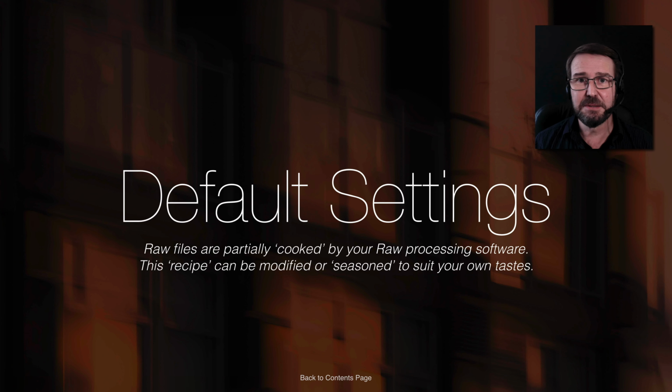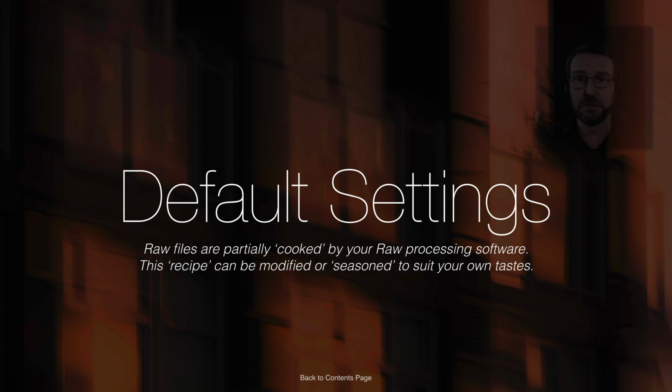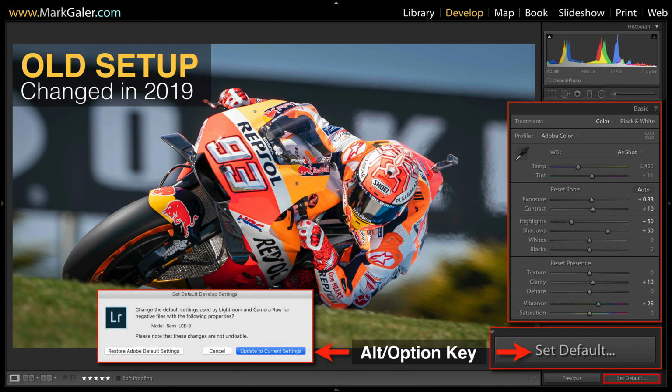So one of the things that has become slightly out of date in one of my ebooks is the Lightroom Classic section. There's a couple of pages, and it's only a couple of pages, that are dedicated to what's called default settings, or I should point out default raw settings. Now, it used to be quite a simple thing in the develop module: hold down the Alt key on a PC or the Option key on a Mac, and this would change to change default.